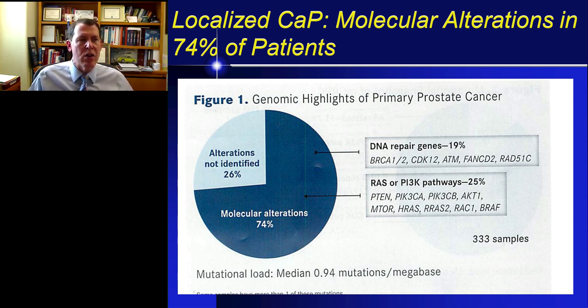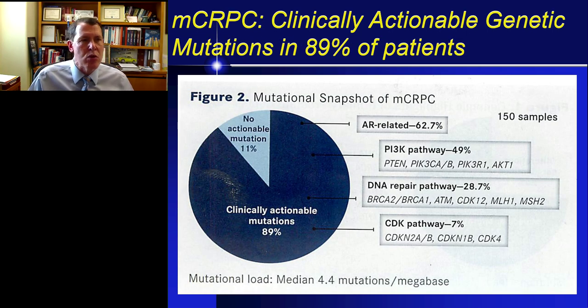Now, for those on the program today who do not do metastatic prostate cancer or do prostate cancer work primarily, metastatic castrate-resistant prostate cancer is the most far advanced stage of prostate cancer. And that is the stage that is the most advanced.